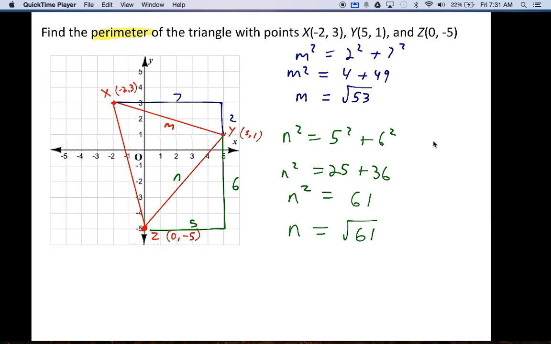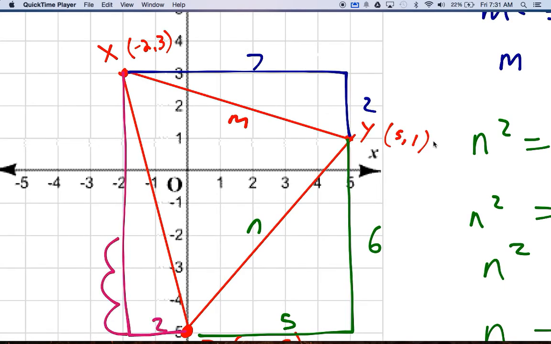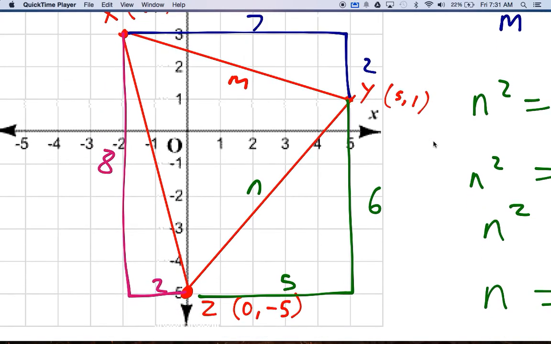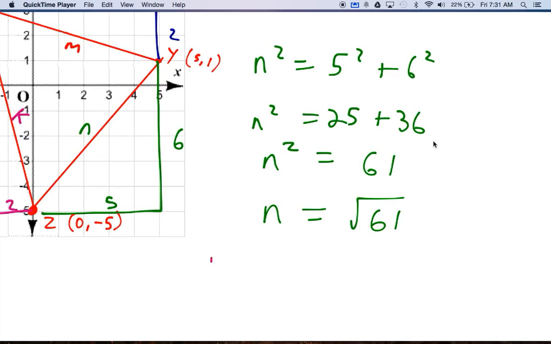And lastly, we would just do that for this last side here. So we have 2 here, and 1, 2, 3, 4, 5, 6, 7, 8 there. Let's call this k, just because I'm naming letters here. So we could say that k squared equals 8 squared plus 2 squared.